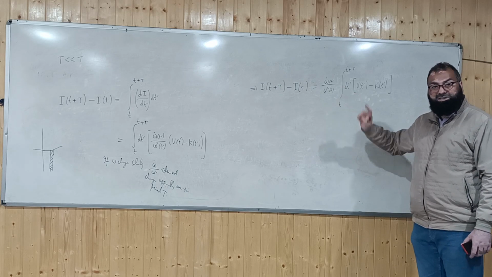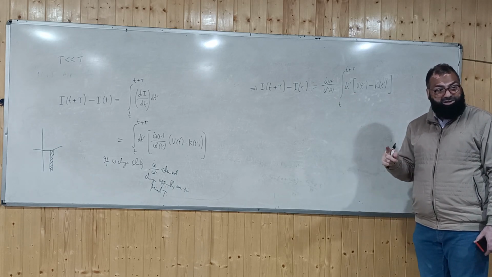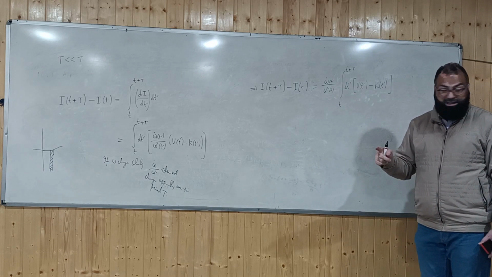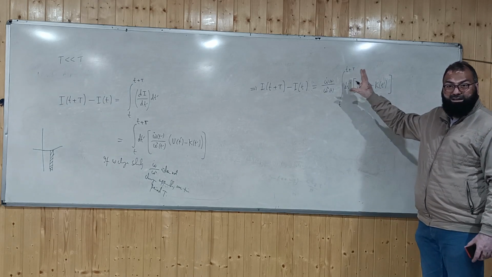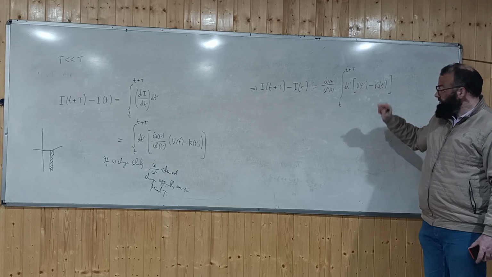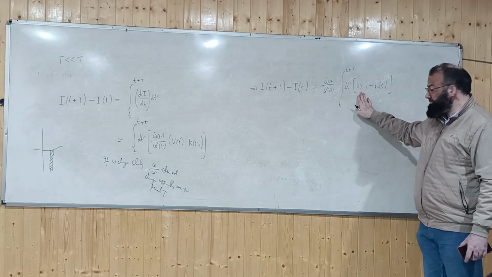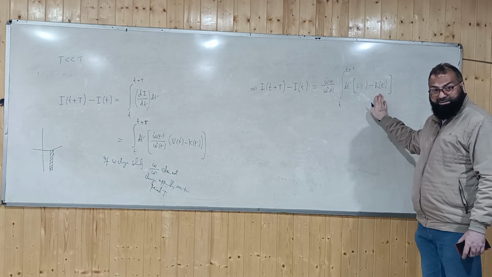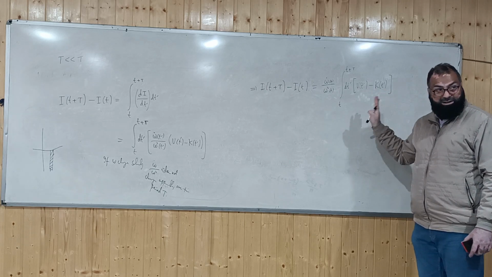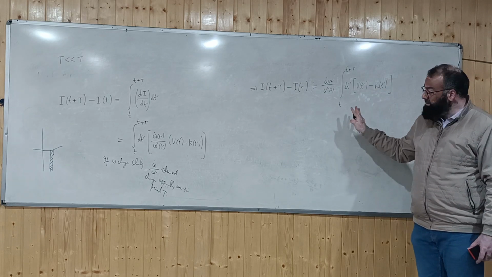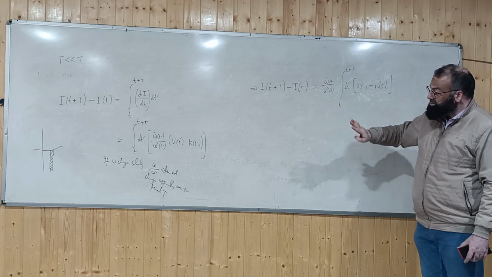Now since ω is changing here, but the change in ω is not appreciable, it is essentially constant for this time period. Clear? Got it? So that means the average value here should be the same as the average value here. The average value of potential energy should be the same as the average value of kinetic energy. This is only possible if ω is changing slowly.